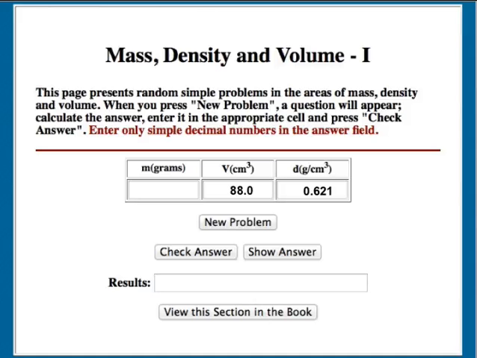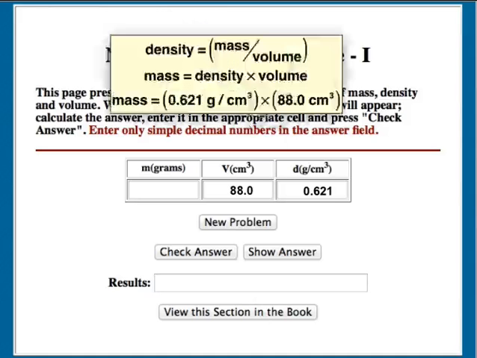Mass is going to be our density multiplied by our volume here. Simply plug the numbers in. Here's our density, here's our mass. We do our calculation, and it should be about 54.7.